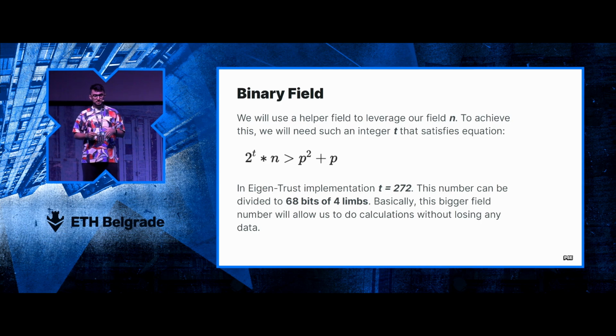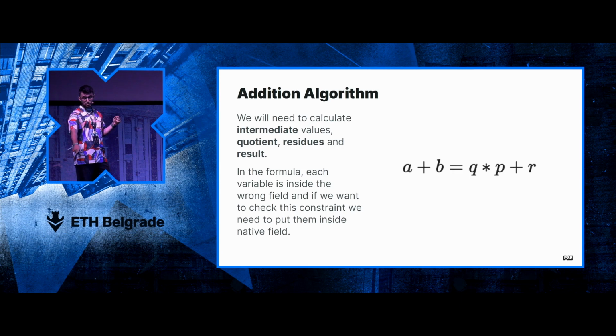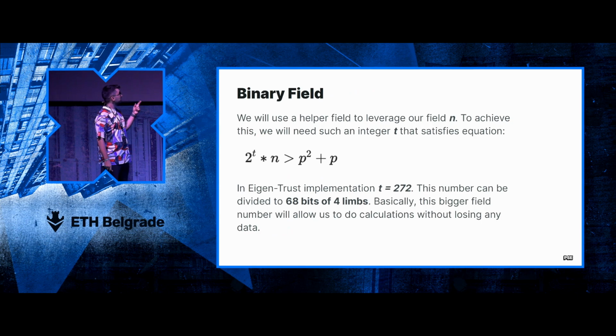So 2 to the power T should be a very specific number that we multiply with our native field, and it should be bigger than P squared plus P. P squared comes from Q times P: if Q is the biggest number in P, it will be P squared, and if the remainder is the biggest, it will be P, so P squared plus P. It should be bigger than that, so we don't lose any data.